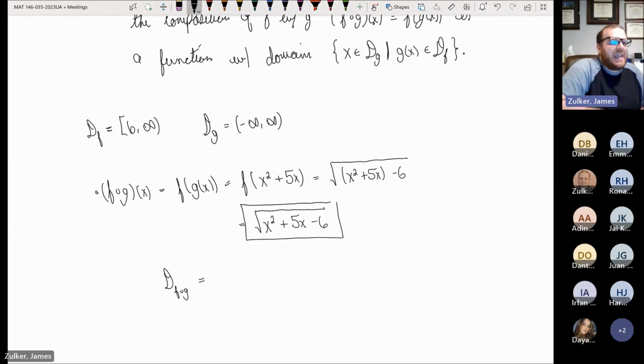So now we need its domain. So remember, it's going to be the set of all values within the domain of g such that g of x is in the domain of f.